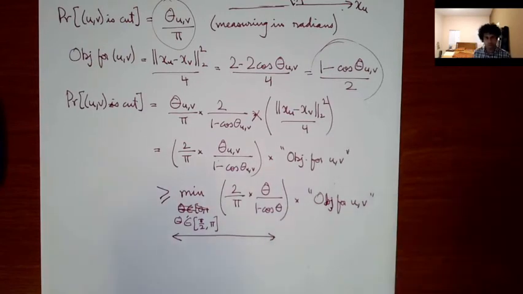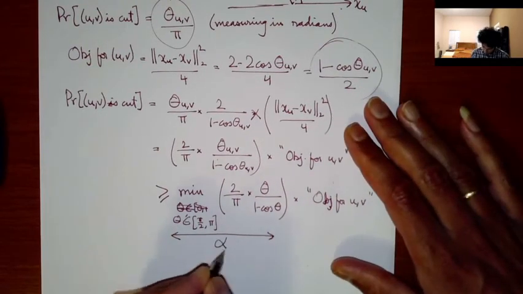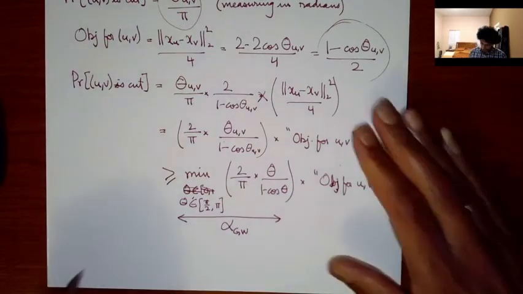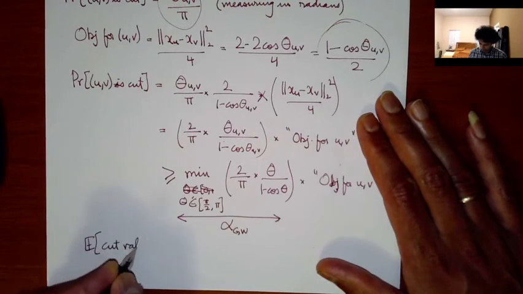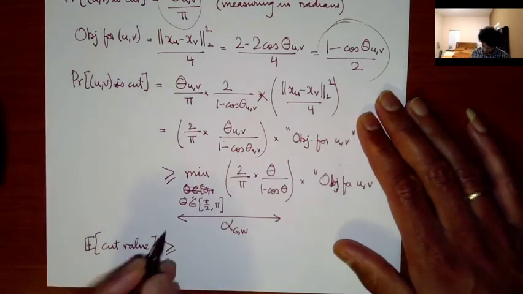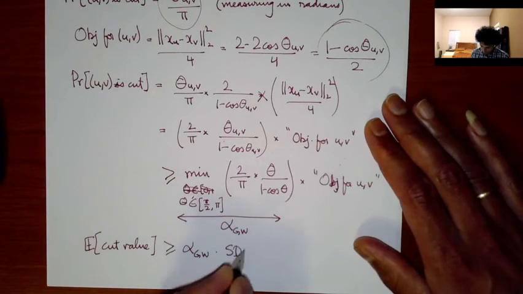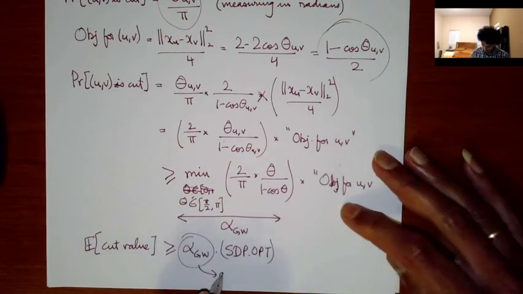Overall, let me refer to this as alpha Goemans-Williamson. This is just some constant. What we know is that the expected cut value, because I just sum this over all edges, is at most alpha GW times the SDP opt. And so this is going to be my approximation ratio.